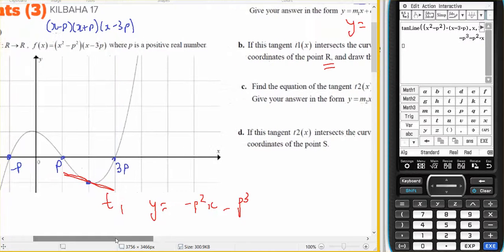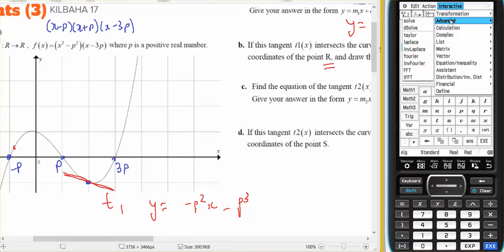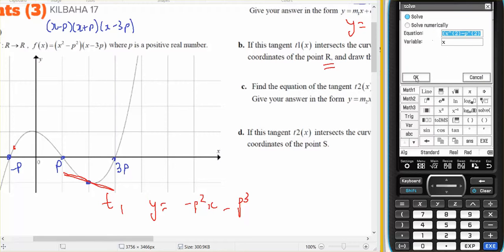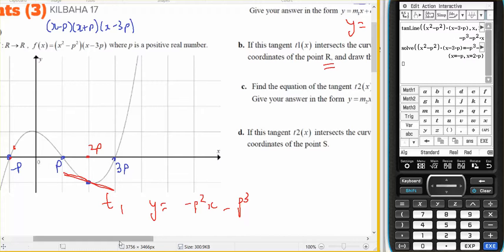So it cuts the other curve at point R. So what I'd like to do is I would like to set this equal to this and solve for x. And I got at minus p and at 2p. So there is 2p and also at minus p.